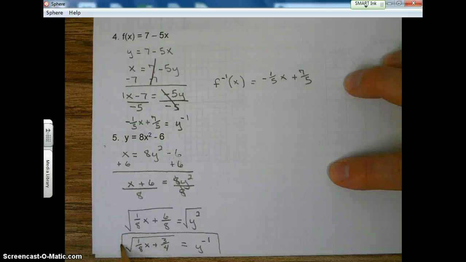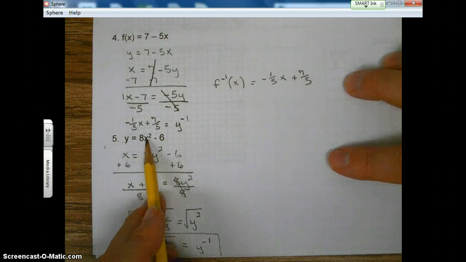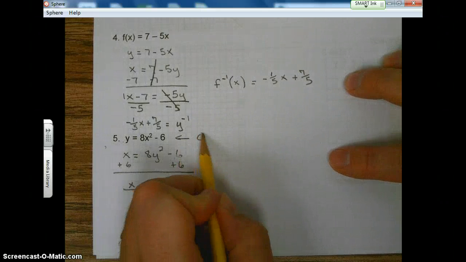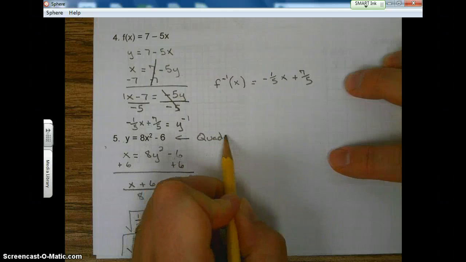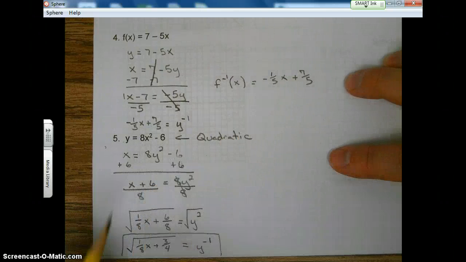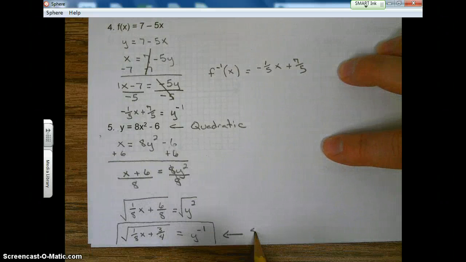Kind of crazy. But notice that our original function was what type? Quadratic. Notice our inverse function. Quadratic became a square root function.